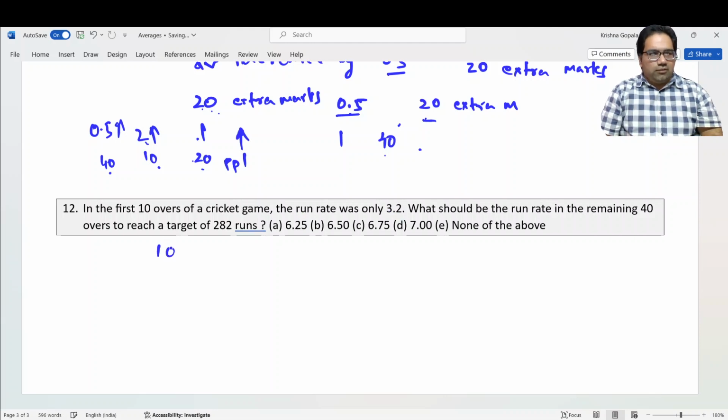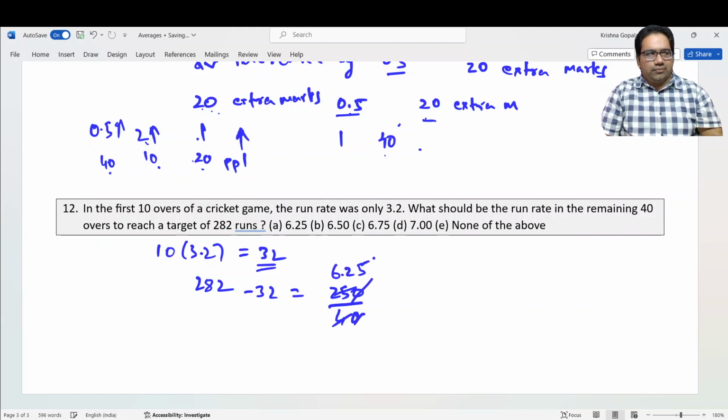What does that mean? 10 overs into 3.2, they have scored 32 runs. What should be the run rate in the remaining 40 overs to reach a target of 282 runs? 32 was already done. That means 282 minus 32, 250 runs they have to score. And how many overs are there? 250 by 40, this is 6.25.